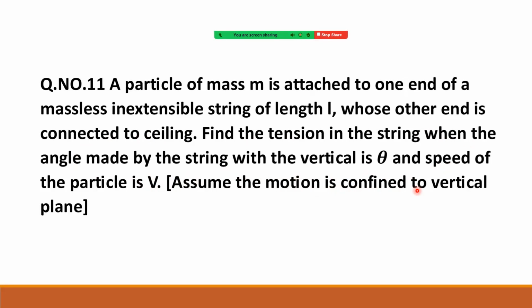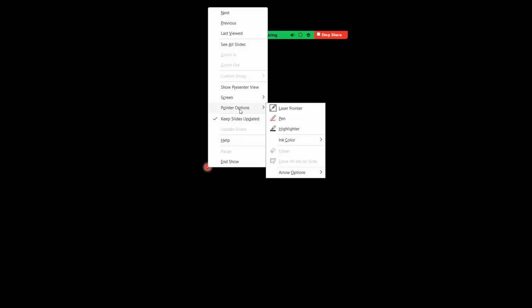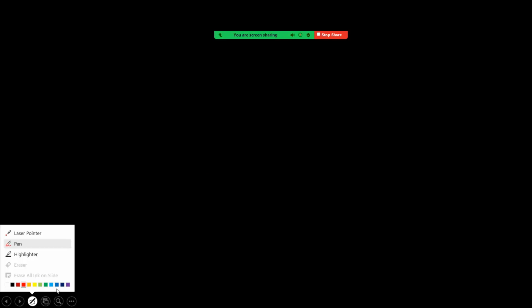So given now, a particle connected to a massless inextensible string, right? So we have to find out the tension. Let us see how to solve it. First we have to focus on the free body diagram. First write down the given data.